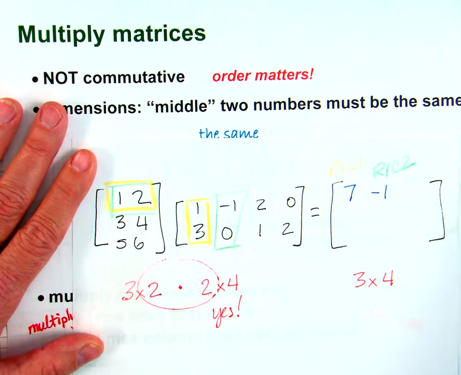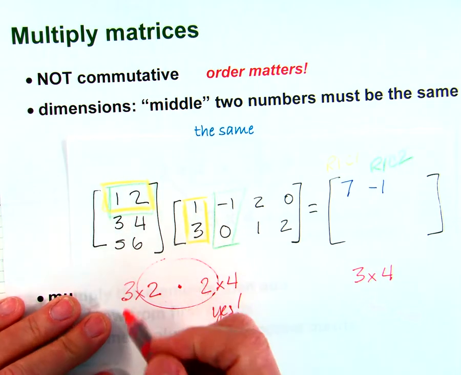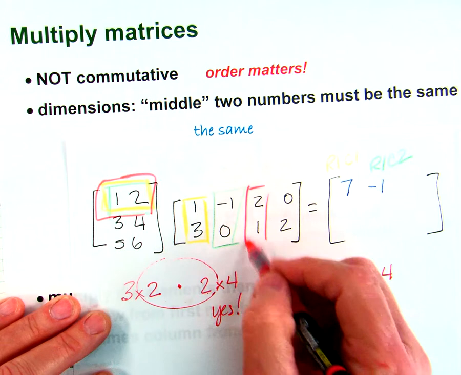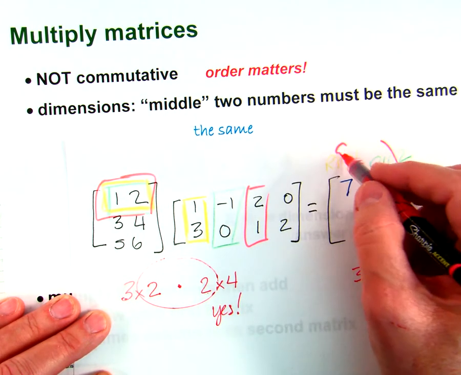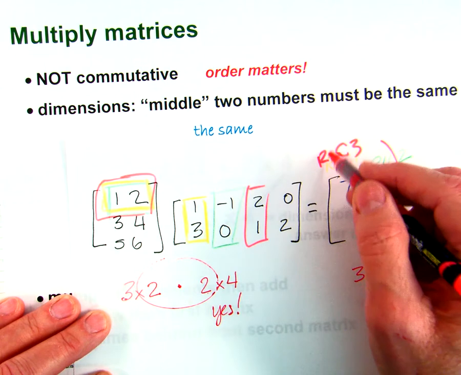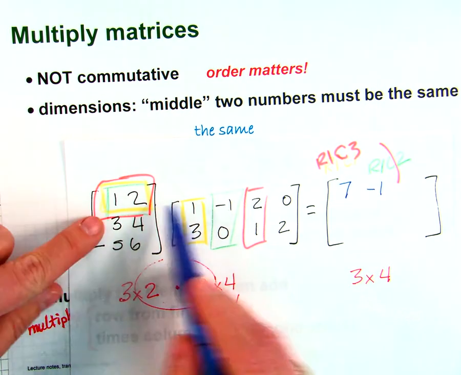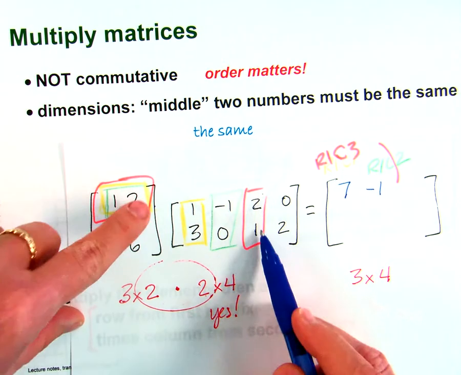Do it again. We'll have row 1, column 3, and the answer is going to go into row 1, column 3. So let's do that one. 1 times 2 is 2. 2 times 1 is 2. 2 plus 2 is 4.